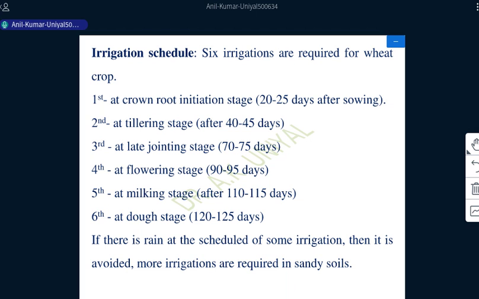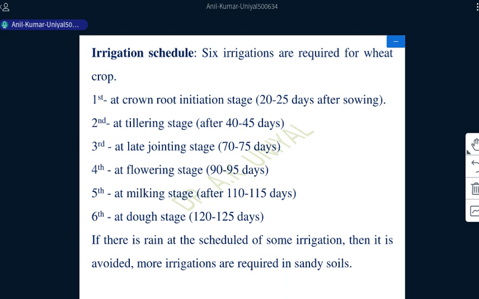The third is during the late jointing stage, around 70 to 75 days after sowing. The fourth is given at flowering stage, around 3 months. Next, the fifth irrigation is at milking stage, around 110 to 115 days after sowing. And the final irrigation is given at dough stage, around 4 months.